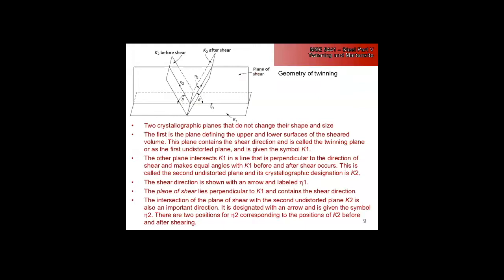Now we have a negative angle, right? And all the other planes will actually change the angle they make with the twinning plane after the shear, right? And it wouldn't have to deform that original position. Yeah, we're not talking about anything that's happening during. We're just saying before and after, right?